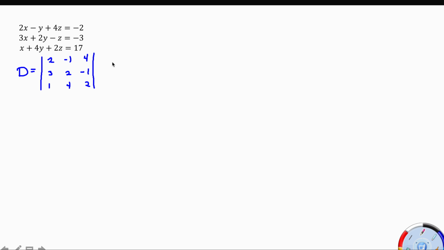Okay, so in order to do that, I'm going to rewrite my values and add that first column again and then that second column.